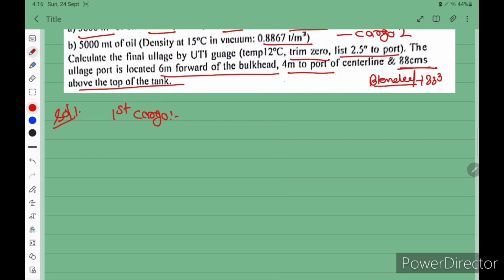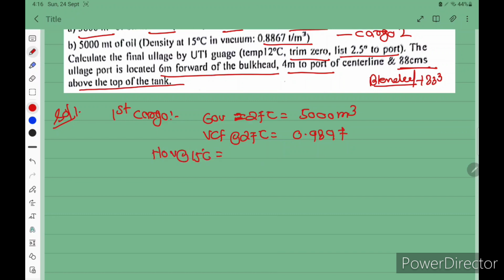So first cargo is GOV at 27 degrees centigrade, 5000 meter cube. So VCF at 27 degrees centigrade we have to find out from the ASTM Table 54. So net observed volume, first we have to convert into 15 degrees, then from 15 degrees we can convert to any temperature.